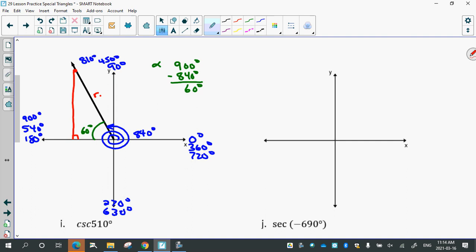We know R is 1. X to be -1/2, and y to be positive √3/2.